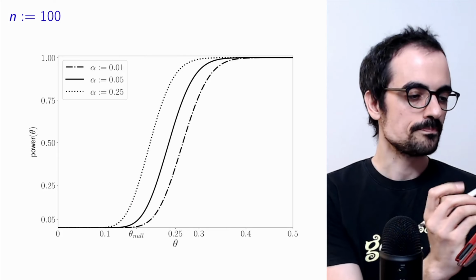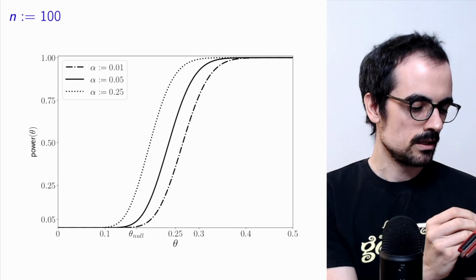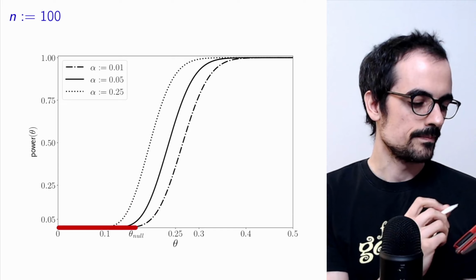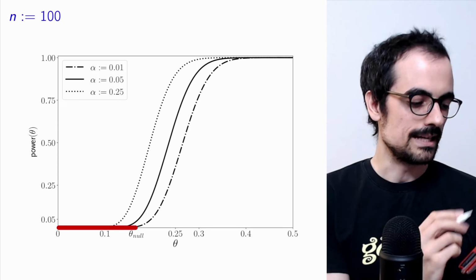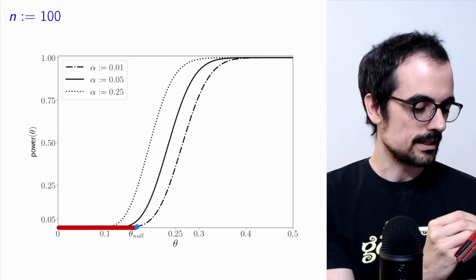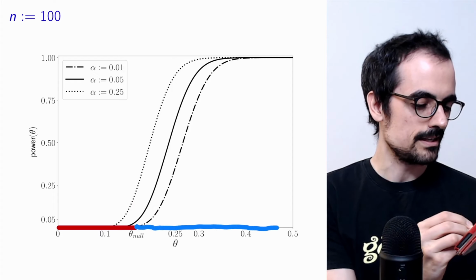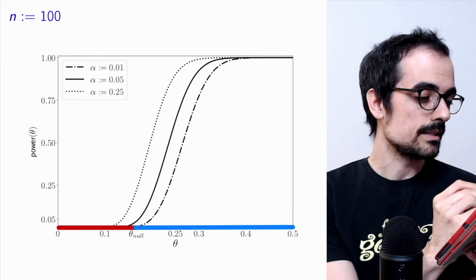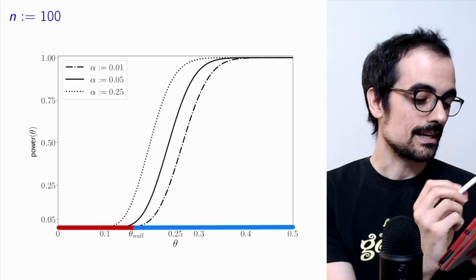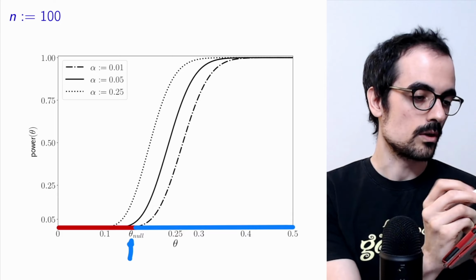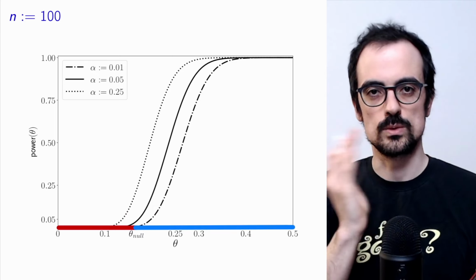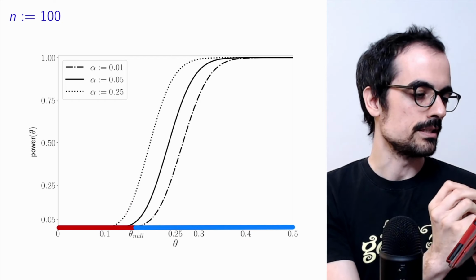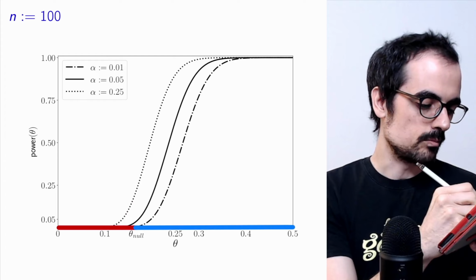In our problem, the null hypothesis is that theta is smaller or equal to 1/6, and the alternative hypothesis is that theta is above 1/6. To begin with, let's draw a line here exactly at theta null, which we're calling 1/6. It's the limit at which the null hypothesis changes into the alternative hypothesis. So let me draw a line upwards here.